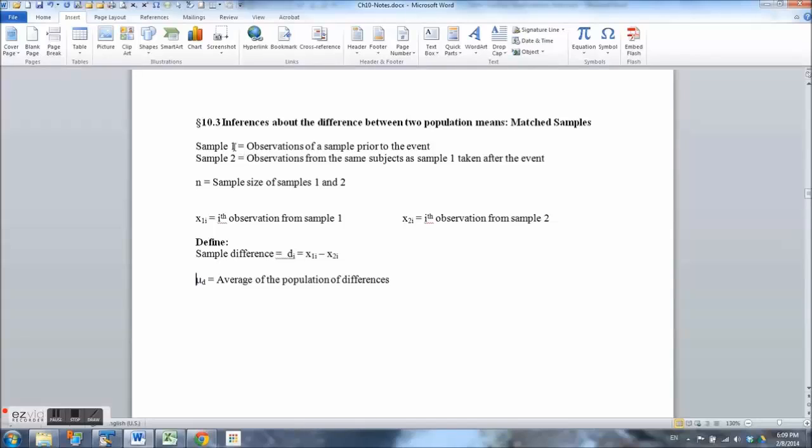So originally we have two samples which are matched, and now we have reduced it to a single sample of differences, and we define mu sub d as the average of those differences.